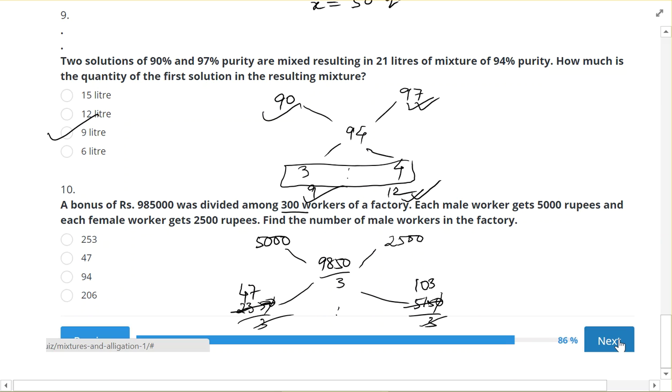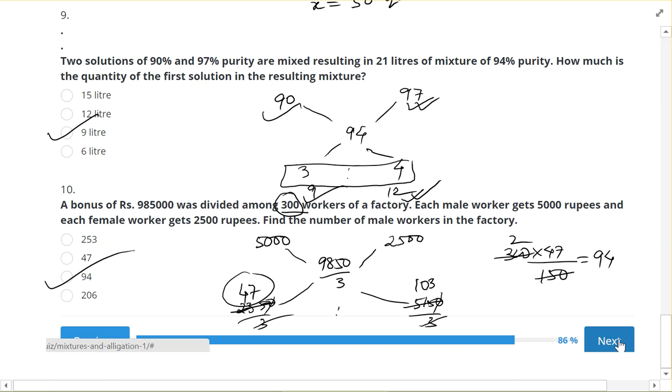So 47 is to 103 is the ratio, and we have to divide 300 workers in 47 is to 103. So males will be 300 into 47 by total, which is 47 plus 103, 150. 94 male workers are there.